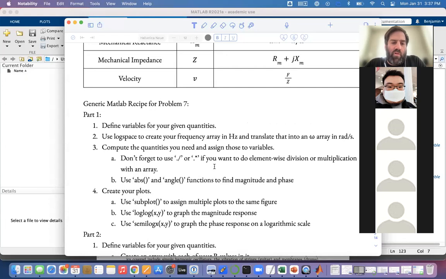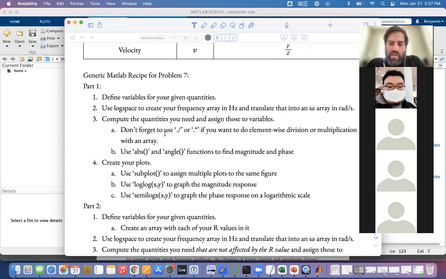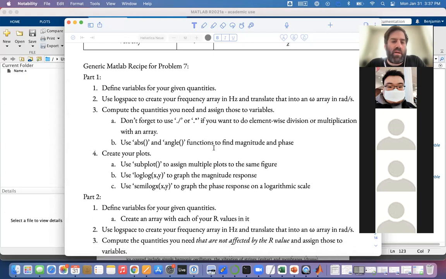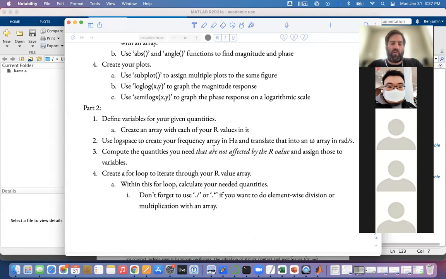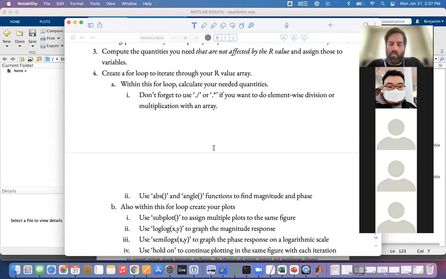I wrote you a MATLAB recipe for this, and it tells you step by step what you should do. Define the variables for your given quantities, use log space to create your frequency array in hertz and translate that into omega, and so on and so forth. I'm not going to read through all of that, but this will be available for you, and I really hope that will be super useful when you're sitting down to do it.